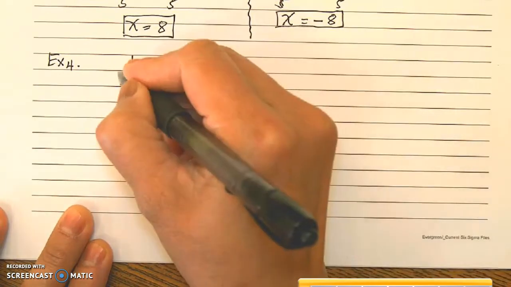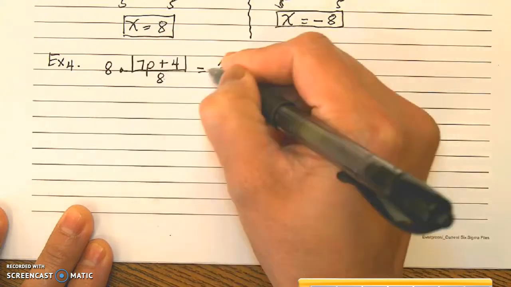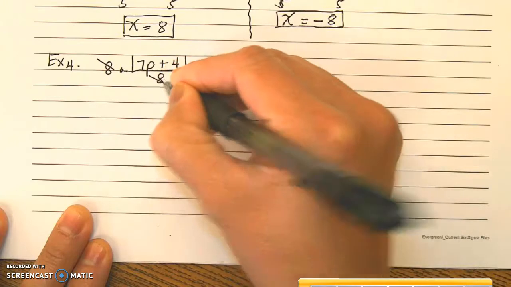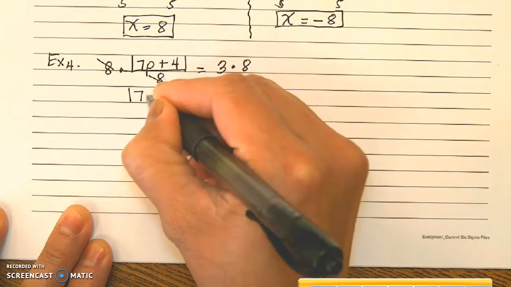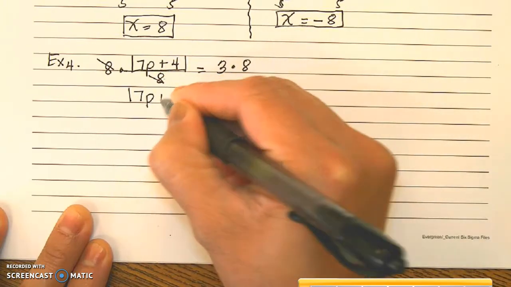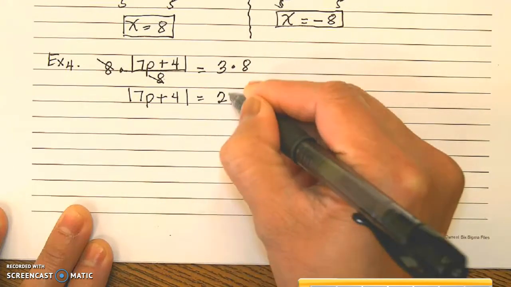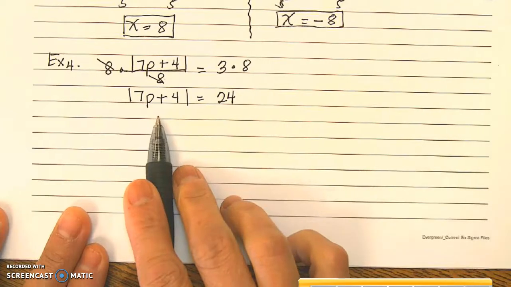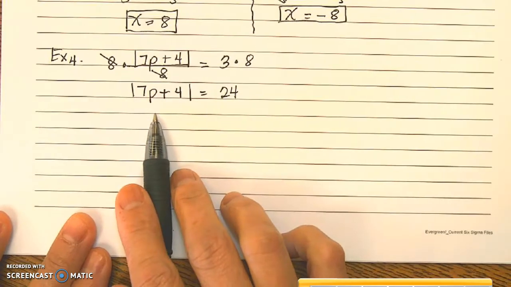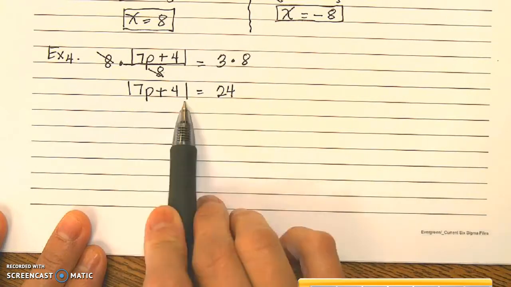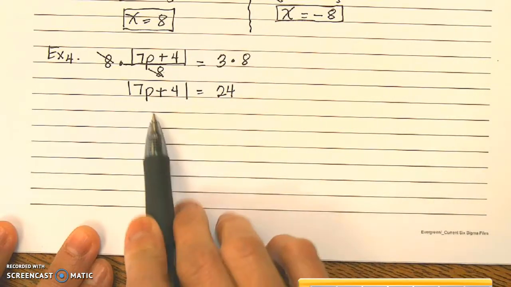That is going to be done by multiplying by 8 on both sides. And that will now become a 1. And this will be absolute value of 7p plus 4 equals 24. Then and only then can we do the process of turning this into a positive and negative, removing the absolute value and isolating your variable.